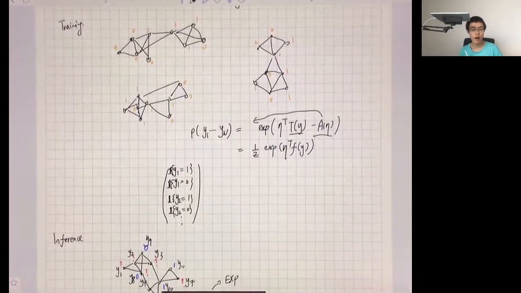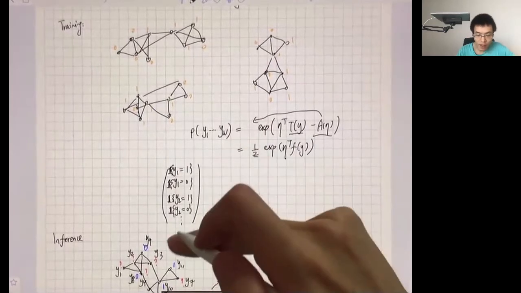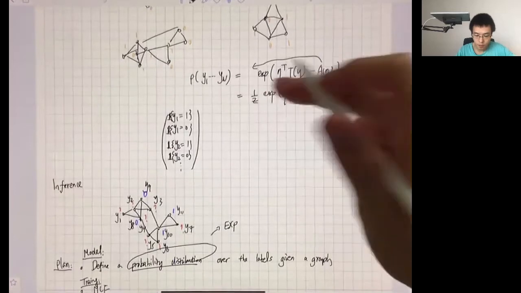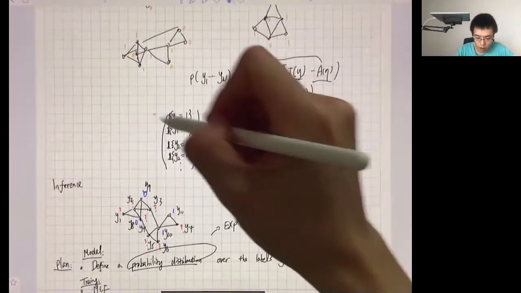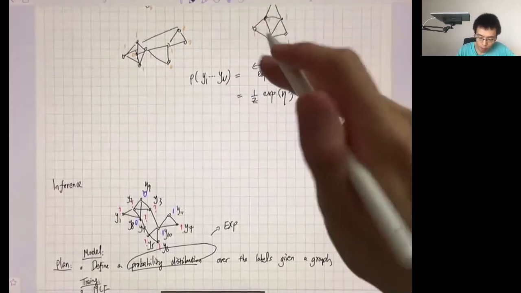So I would say whether my first node is 0 or 1, and then my second node 0 or 1, until the nth node is 0 or 1. This is my first set of features, which is the singleton features.